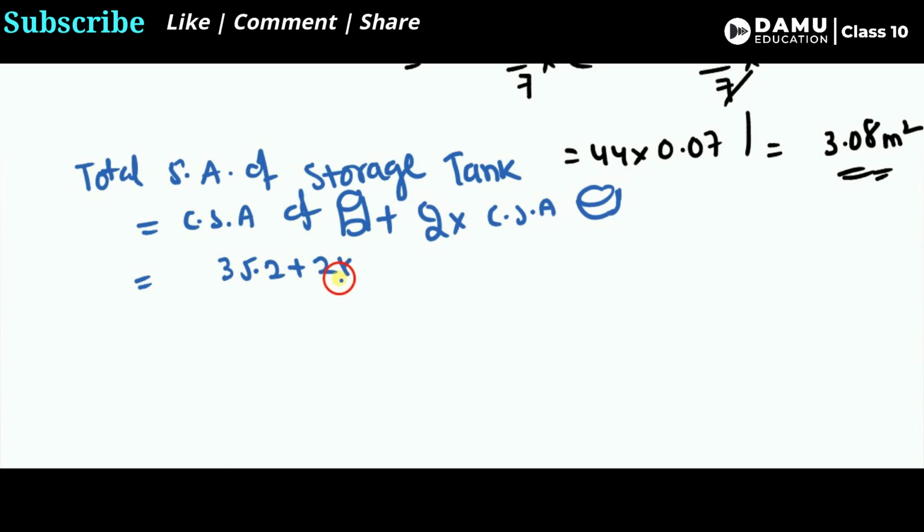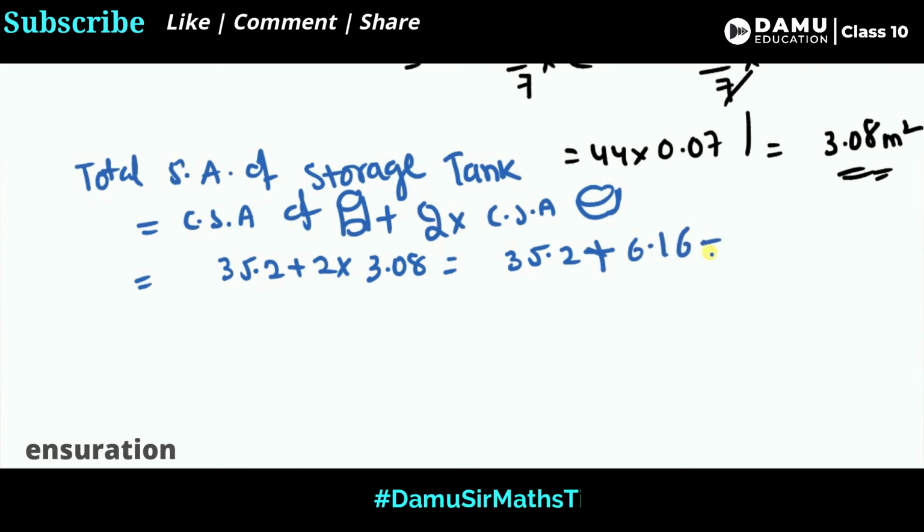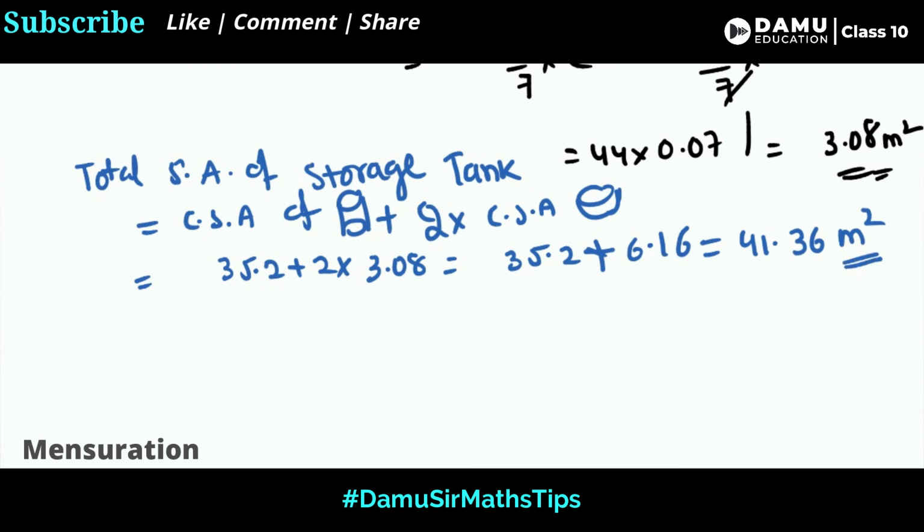Plus 2 into 3.08, that will be 35.2 plus 2 into 6.16. If you add this to 35.2, we will get 41.36 meter square. For this we need to find the final rate.